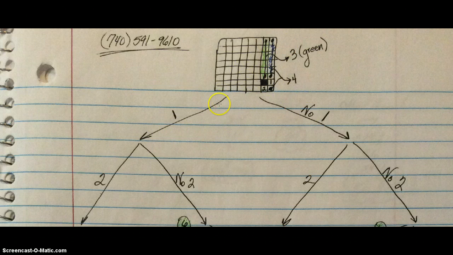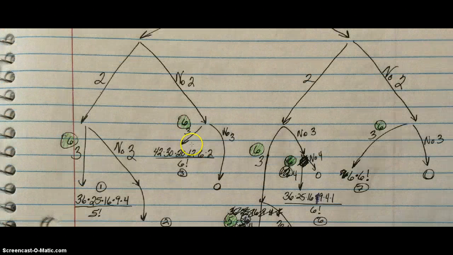So for example, following this line would be the cases where there is a rook on 1. Following this line would be the ones where there is not a rook on that number 1 spot. If there is 1 on 1, we could say there is 1 on 2, or not 1 on 2. In other words, that special spot here in the 7th column.